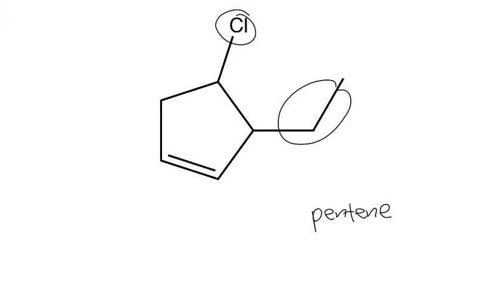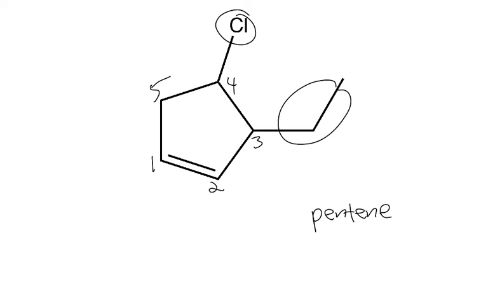And then when I go to name the substituents, I'm going to get the lowest numbers if I go 1, 2, 3, 4, 5. If I'd gone the other way, I'd have had 4 and 5, instead of this way, I get 3 and 4.